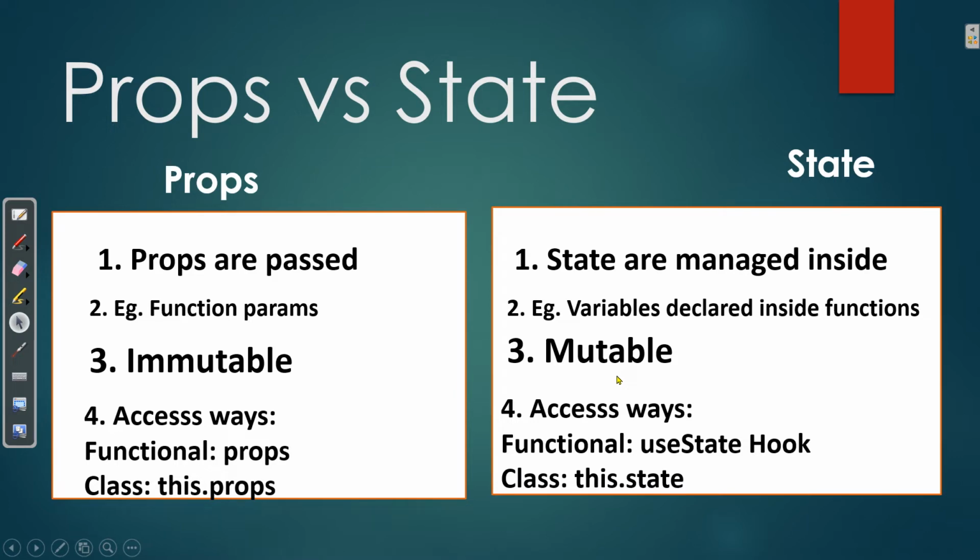In a functional component we can access props as props, and in a class-based component we access them as this.props. In a similar way, in functional components we can access state using the useState hook, and in a class-based component we access it as this.state.